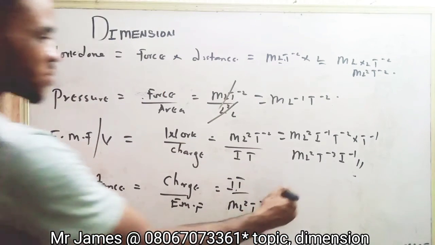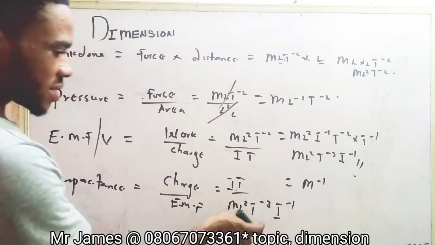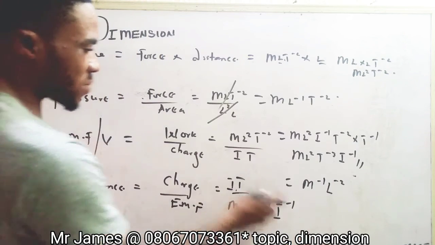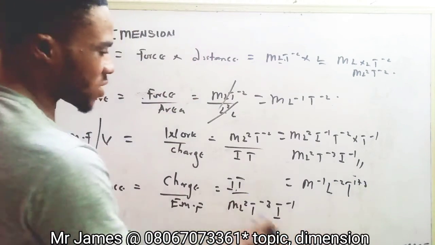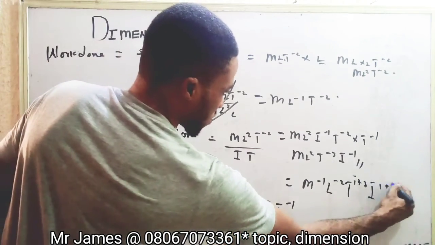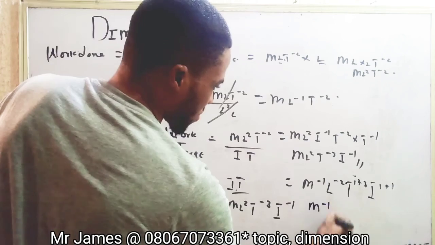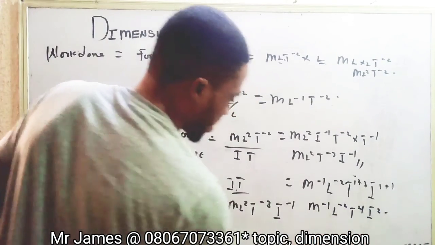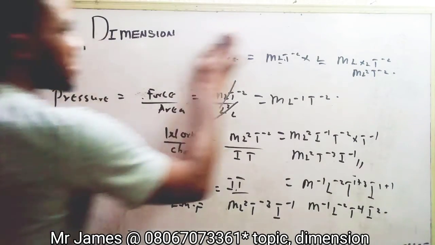So bringing these up, I will have M minus 1, then L minus 2. When the T comes up, I have T 1 plus 3. When the I comes up, I have I 1 plus 1. So on that note, I'm going to have M minus 1 L minus 2 T raised to the power 4 I squared.